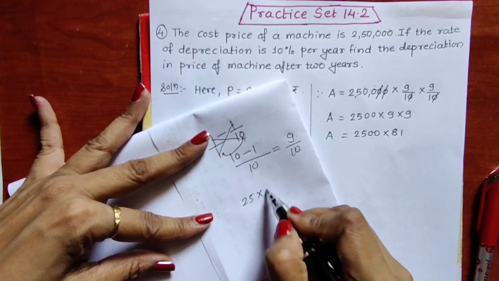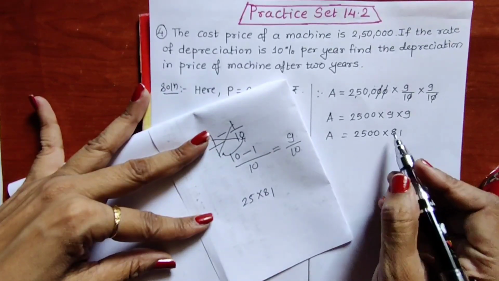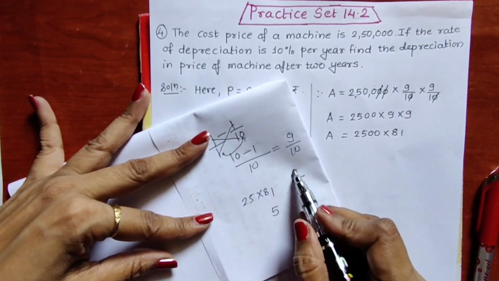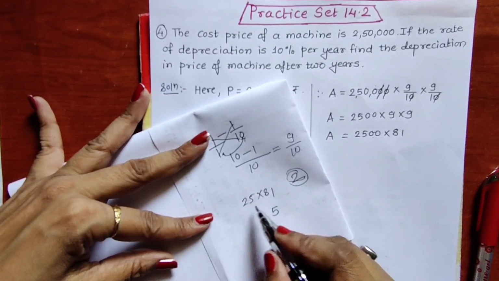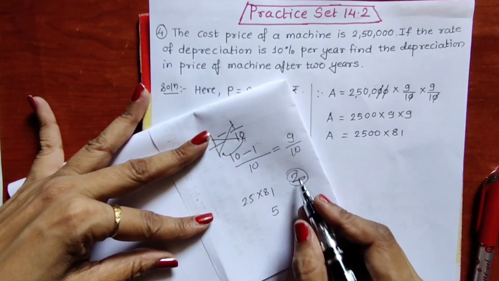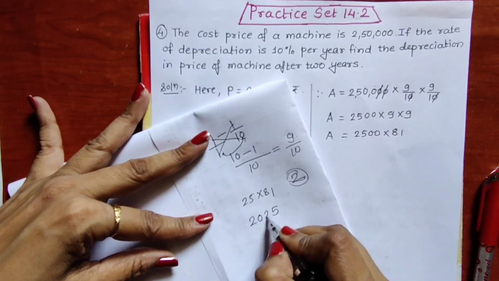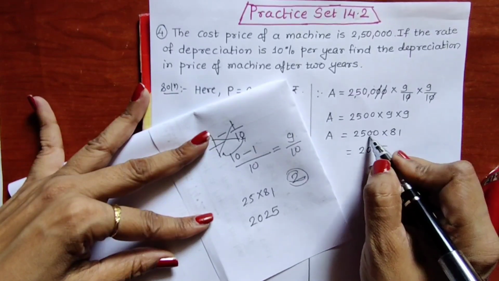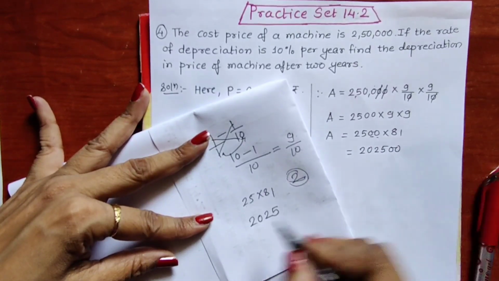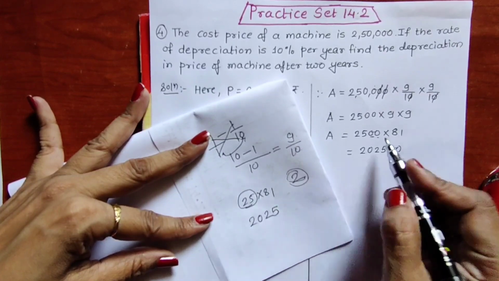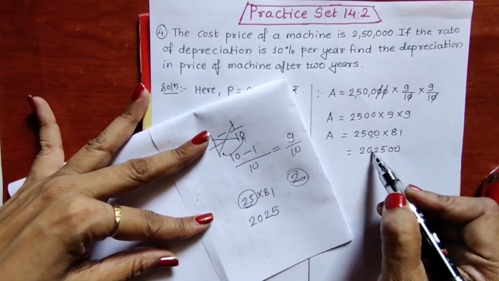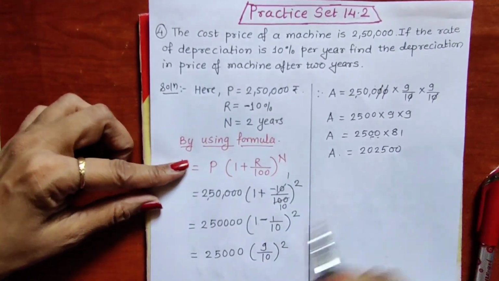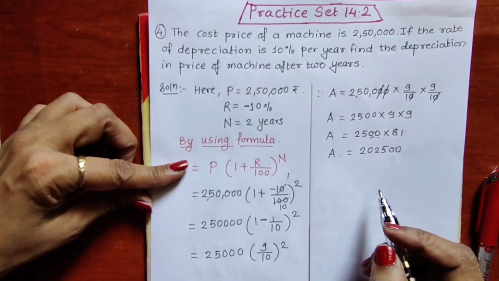So 25 into 81 we can do. 25 ones are 25, 5 written, 2 carried. 25 eights are 200. 200 plus 2 is 202. So we are getting 2025, and then these 2 zeros we have to write afterwards, because here I have taken only 25. So 202500 is the value of this machine after 2 years.